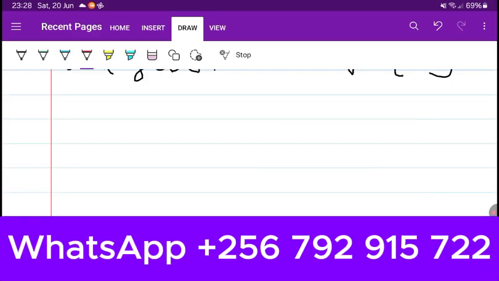So the numbers are arranged like this: 1, 3, 3, 0, 3. This is 1, 2, 1, 3, 2.